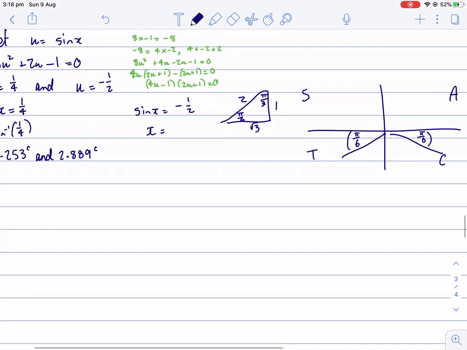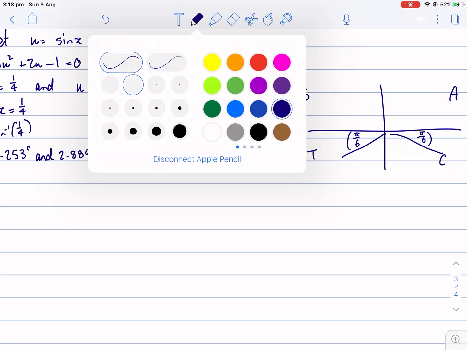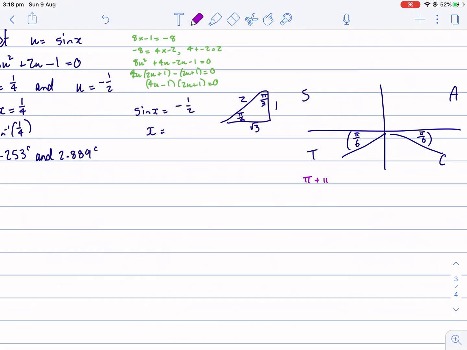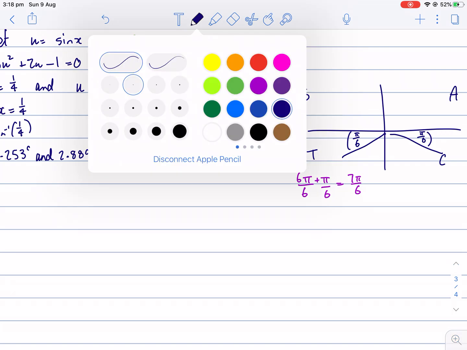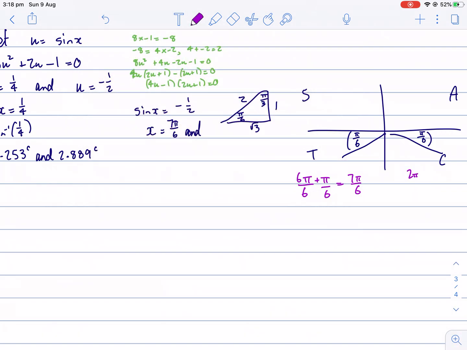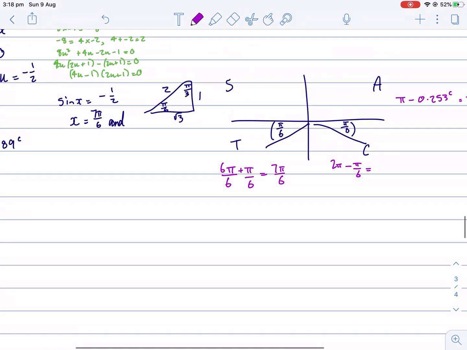So we've got x equals pi plus pi on 6, which is 7 pi on 6, because of course this is 6 pi on 6, like it always does that. And here we're going to have 2 pi minus pi on 6. So that's the same as 12 pi on 6 minus pi on 6, so 11 pi on 6.